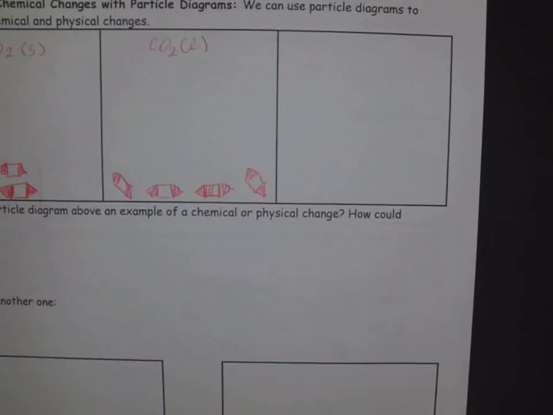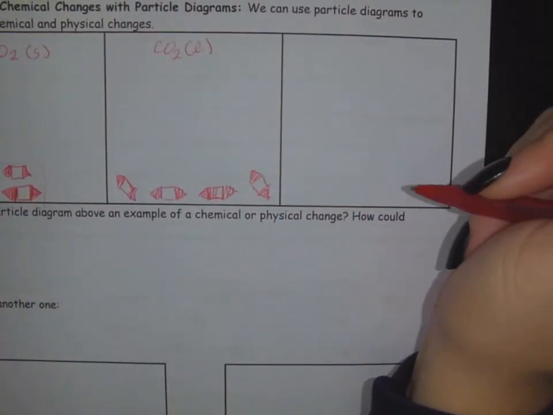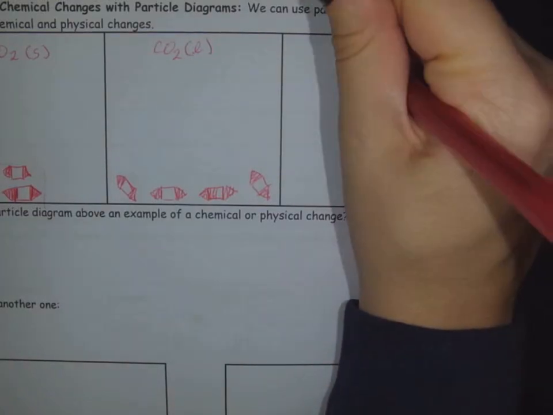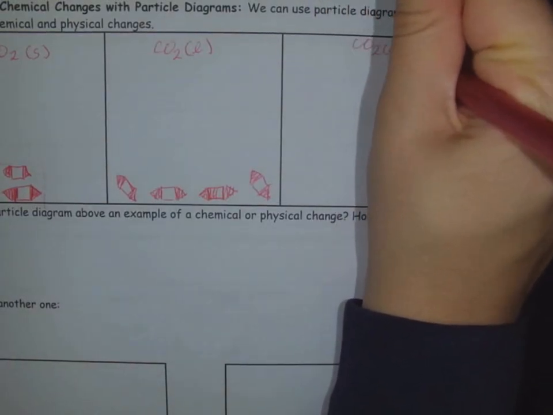And then right here, before I try, I want you to pause. I want you to try draw this diagram as a gas. Like, what's this going to look like as a CO2 gas?